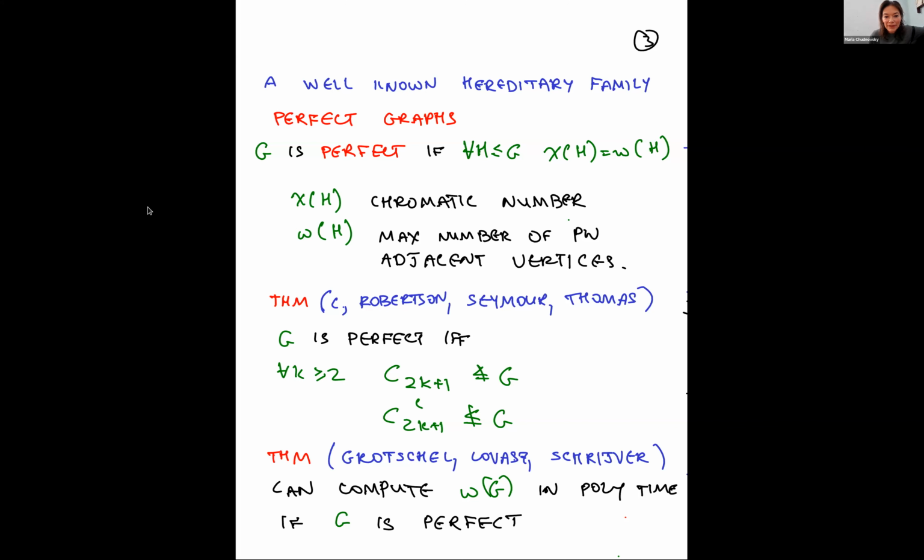Anyway, so algorithmically they're very nice, but there's something that we still don't know about, even algorithmically speaking. The fact that you can compute the clique number in a perfect graph is the theorem of Grötschel, Lovász, and Schrijver.